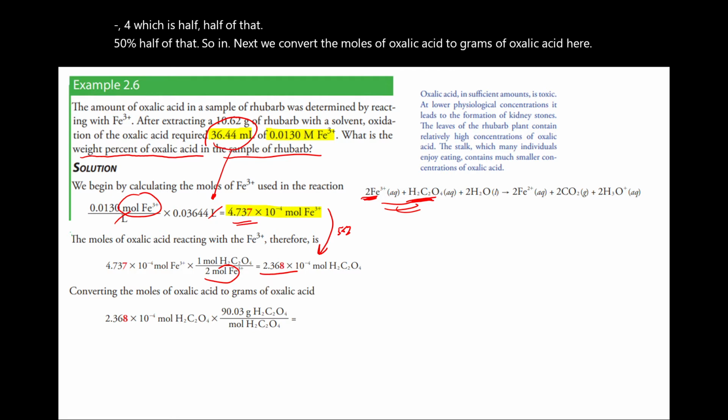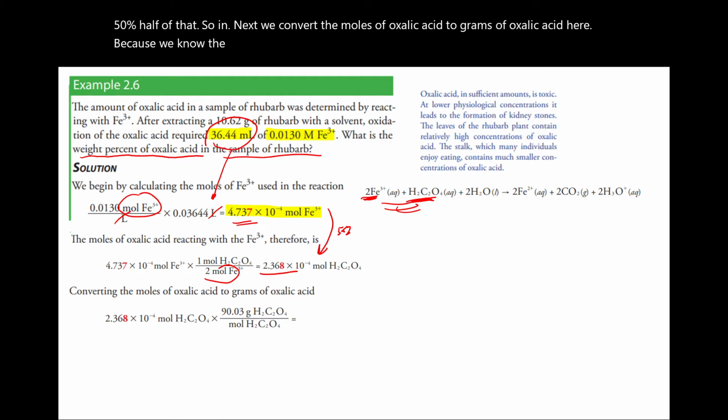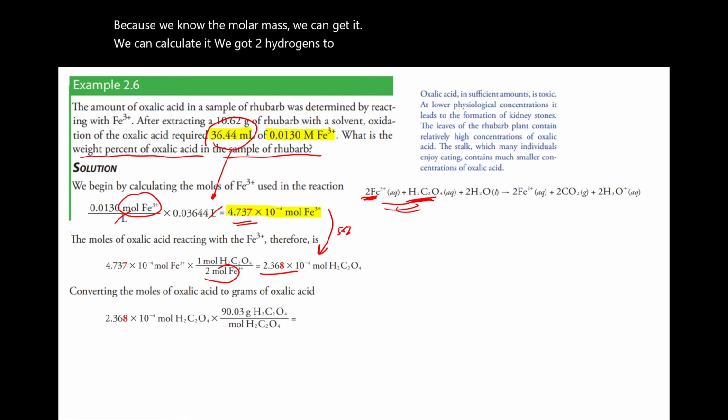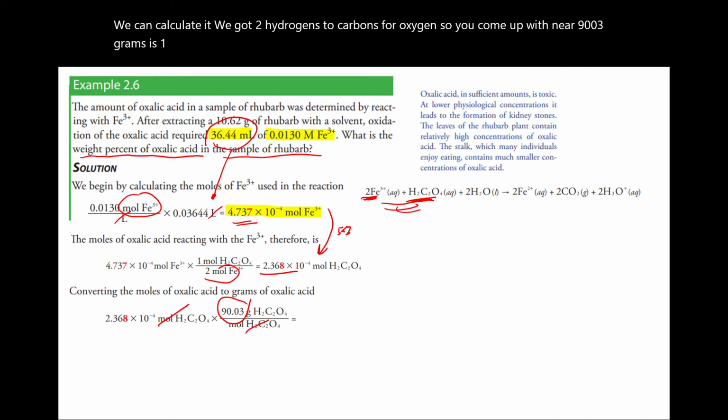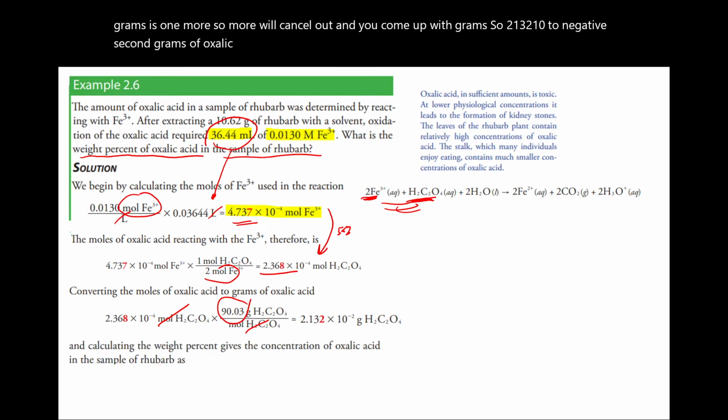because we know the molar mass. We can calculate it: we have 2 hydrogens, 2 carbons, 4 oxygens. So you come up with 90.03 grams per mole. Moles will cancel out, and you come up with 2.132 times 10 to the negative 2 grams of oxalic acid.